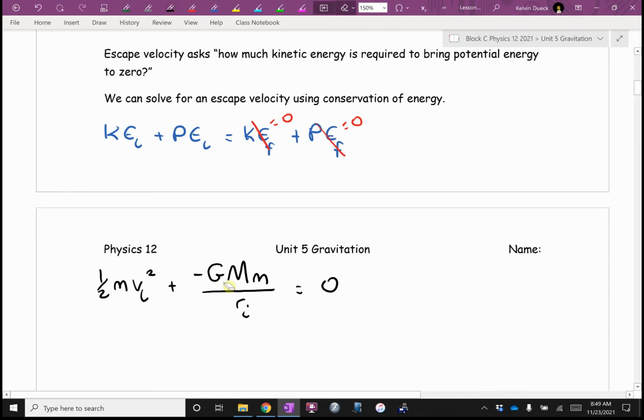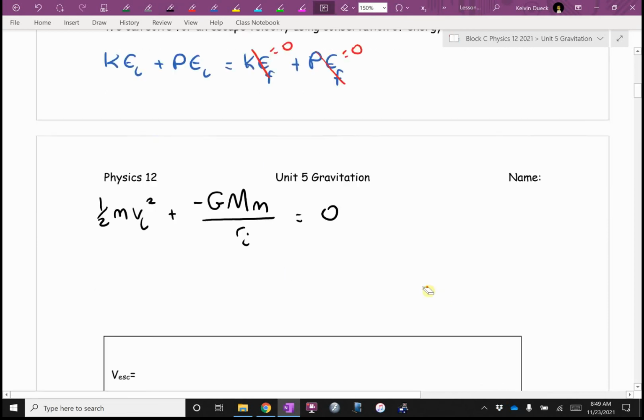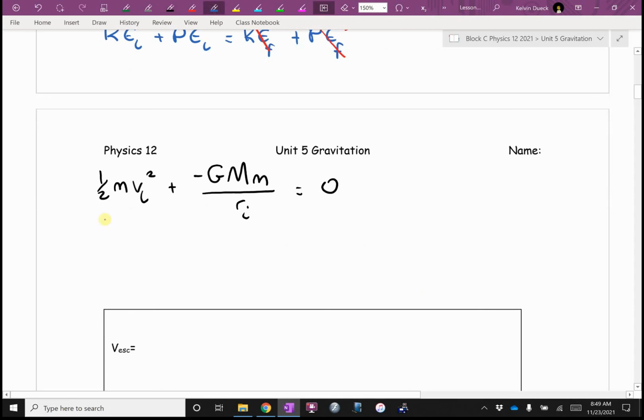I think I would plus this over to the zero side. It will make it a prettier equation. If I do that, I get a half m v initial squared equals positive big G, big M, little m over r initial. Oh, huh.